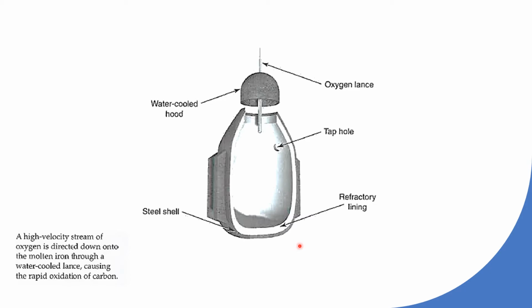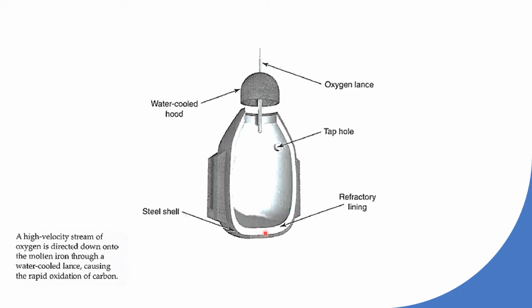Okay, this is just a diagram. I'm just showing you this high-speed stream, your oxygen flow, okay, into the molten iron. So here you can see this little water-cooled hood right there. Then we have this oxygen lance here.